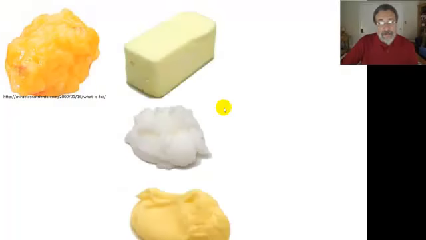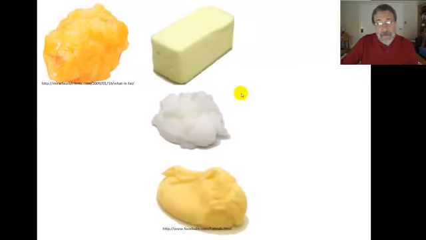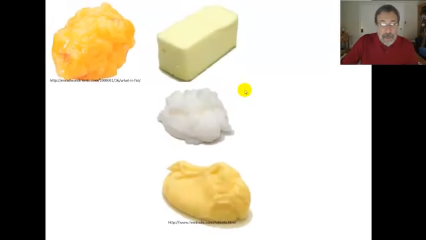Examples of solid fats are, at the top, butter. Beneath the butter, we have lard, and then beneath the lard, we have a manufactured form of fat, which is oleomargarine or oleo. Oleo is made from unsaturated fats, which are usually liquid at room temperature.